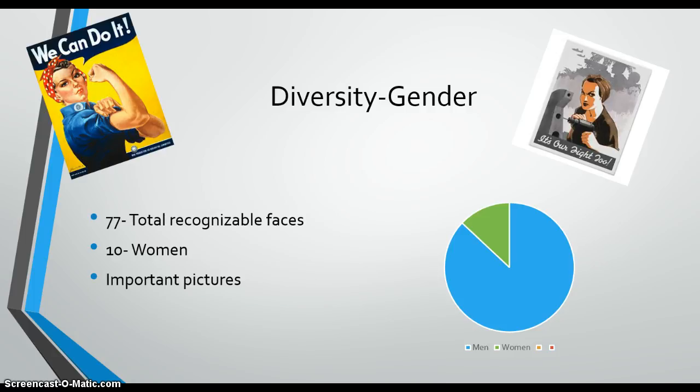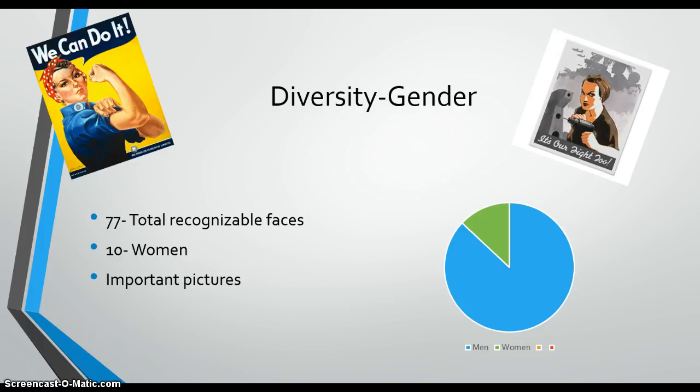Next, we look at the diversity in this text, and we look at the images. Whenever I looked at the total images, there were only 77 recognizable faces that I could count and go off of. From those 77, 10 of them that I observed were of women. While that is a fairly low statistic, what's important within this chapter and text is the images that they do convey and show.